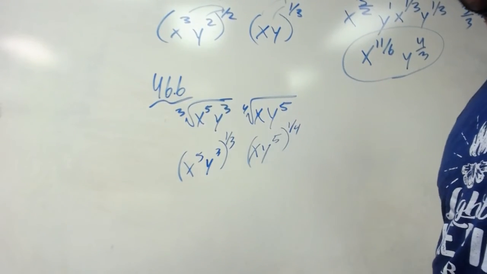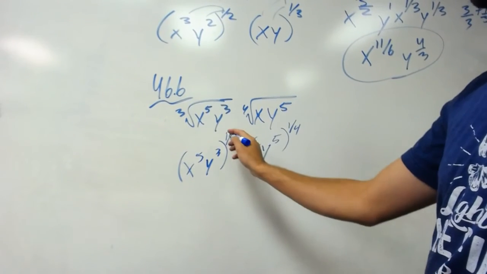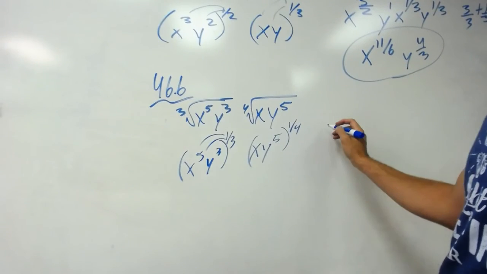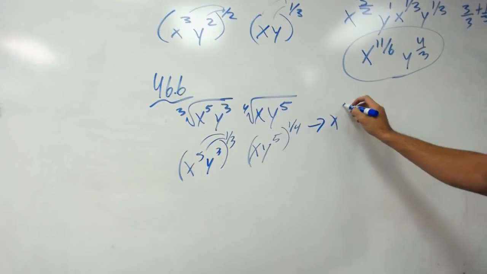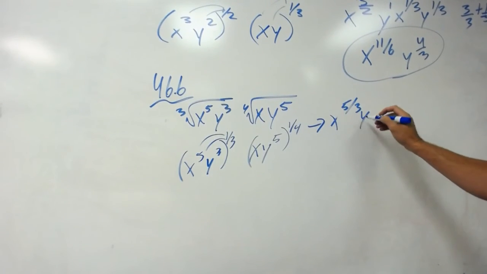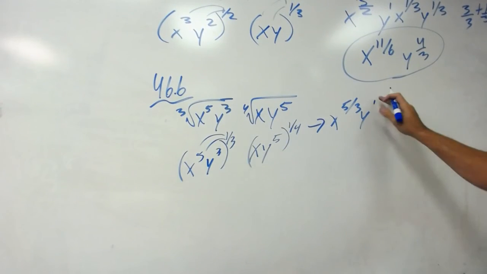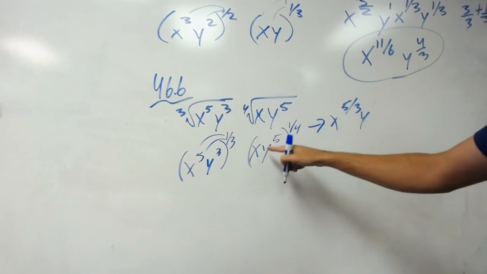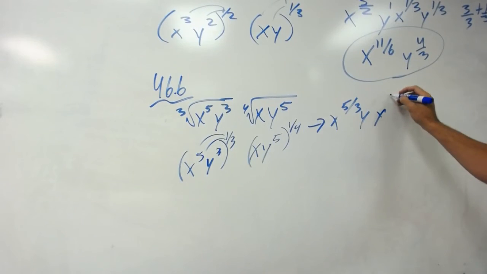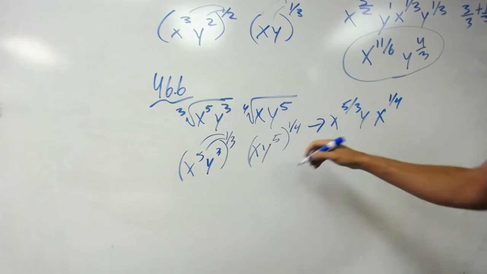And then from there we just solve. We distribute: x 5/3, y 3 times 1/3, or 1/3 of 3 is 1. 1/4 for x, and 5/4 for y.